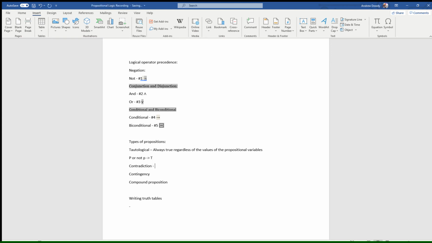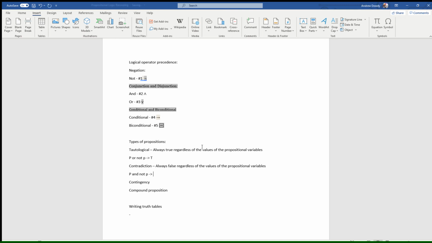A contradiction is a proposition that is always false regardless of the values of the propositional variables. An example of this would be P and not P, which has to be false, because there is no instance where P is true and not P is also true.